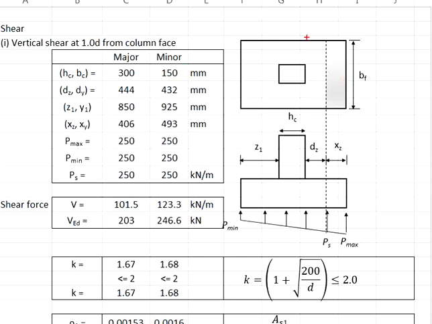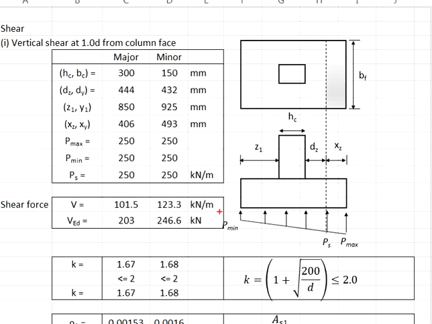You get this distance and this distance in total, divided by 2, assuming the column is placed at the center. You get Y1 equals 925 mm, minus the 1D effective depth from the column face, which is 432 mm. You get the distance here from the shear plane equals 493 mm.